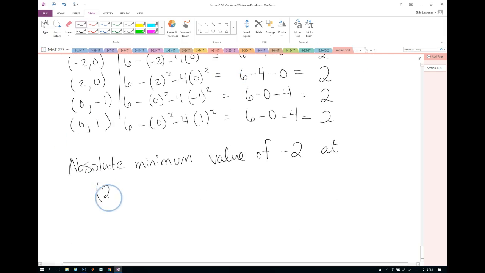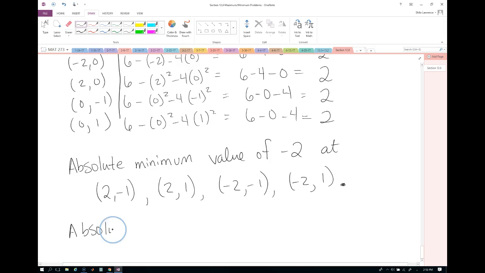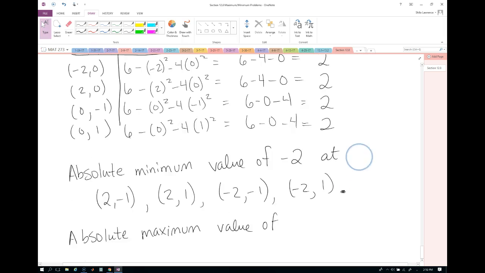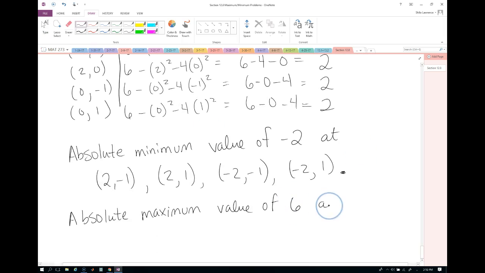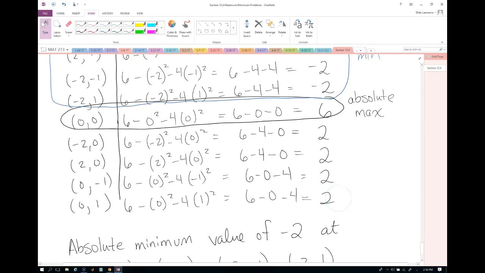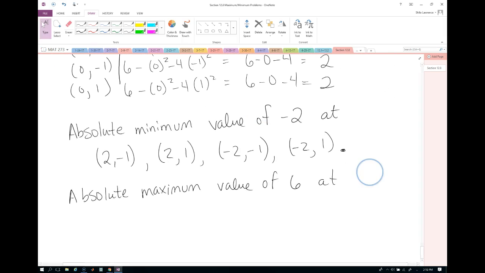So (2, -1), (2, 1), (-2, -1), and (-2, 1). And then we have an absolute maximum value of 6. That was the highest value we got back. And that was only on that one interior critical point, (0, 0).